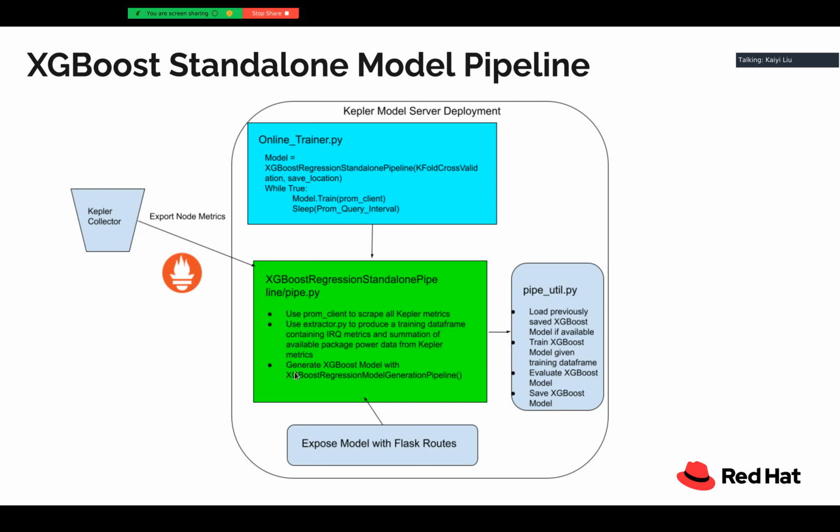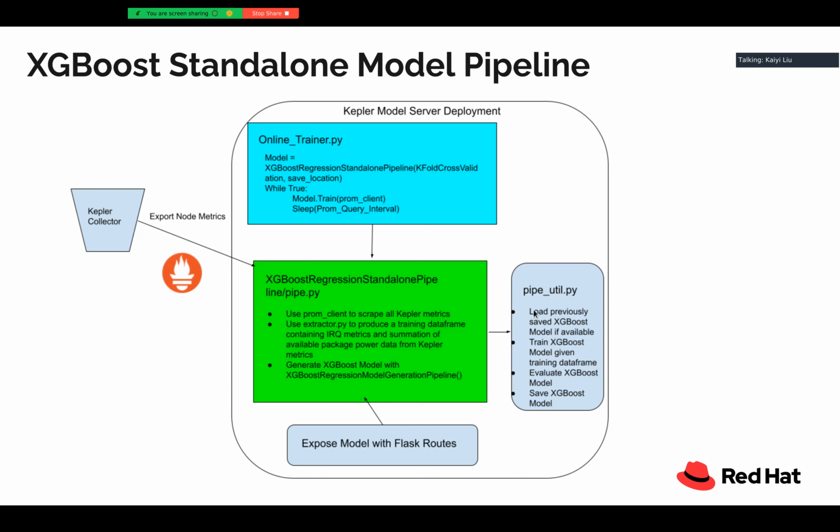And then it'll generate the XGBoost model by instantiating the XGBoost regression model generation pipeline. It'll pass in the features, the labels, and the save location, and the XGBoost regression model generation pipeline will be the one that actually creates the XGBoost model.